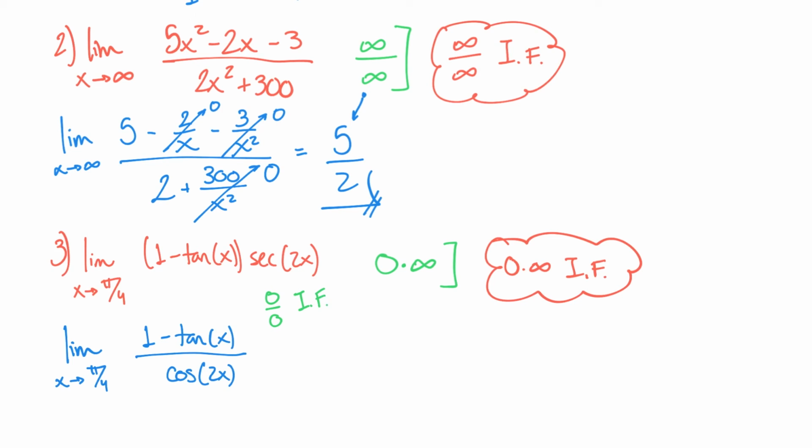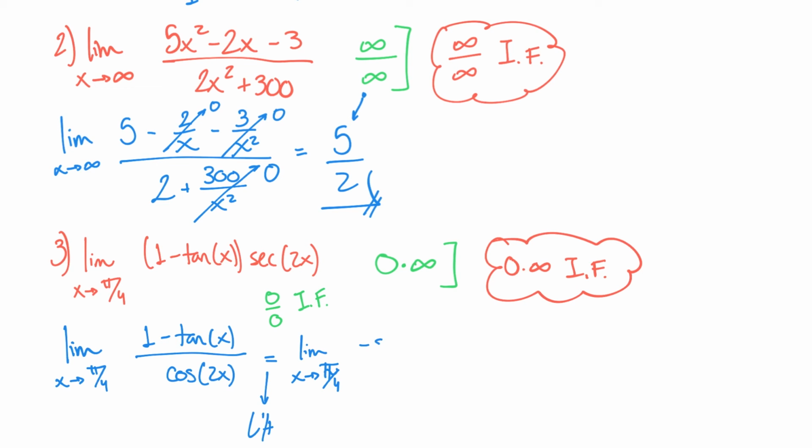Remember, this is another indeterminate form, but we already saw that when we have a 0 over 0, maybe L'Hopital's rule can come in handy. And that's what's going to happen here. So I'm going to use L'Hopital's rule. I'm going to take the derivative of the numerator and the denominator separately.